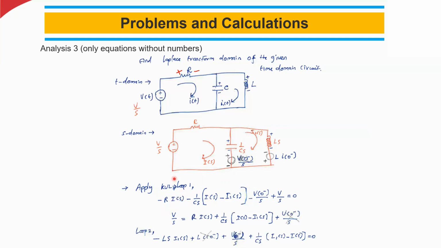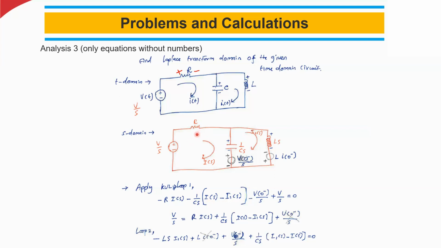For example, I have written the source voltage V divided by S as the only plus, and everything else is minus, minus, minus. The logic here is that whenever we write the equation for the voltage drop across each element, you have to use the exit point.